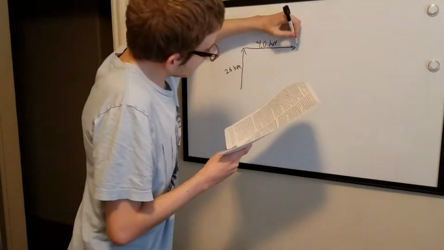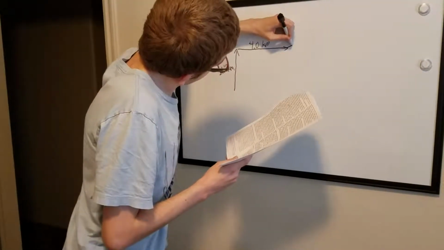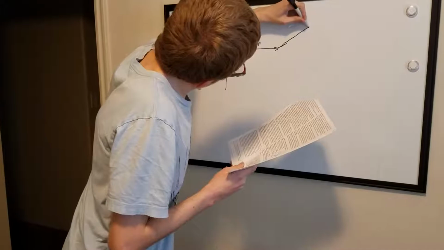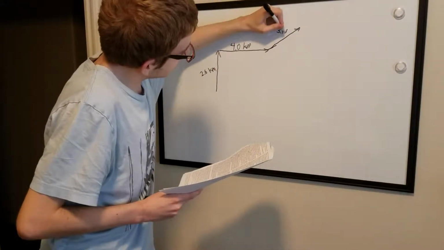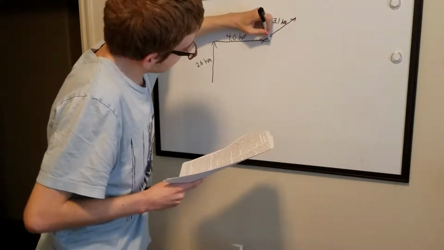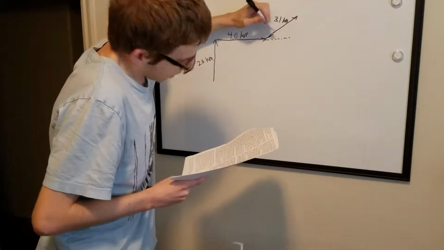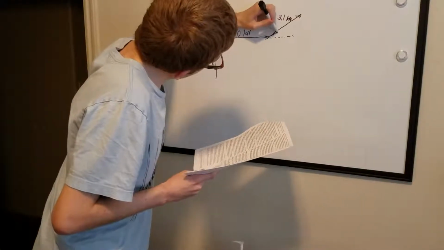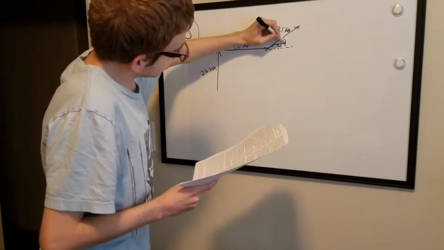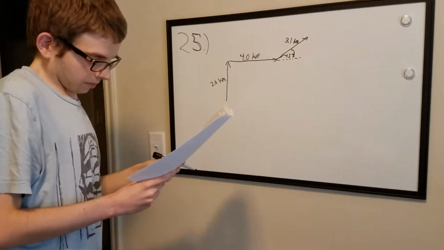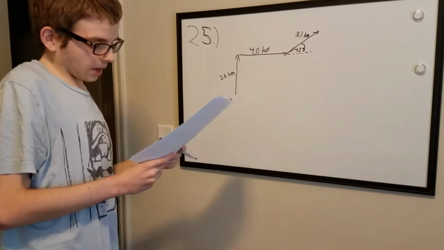And then after that, he goes 3.1 kilometers in this direction. The direction is 45 degrees north of east. Okay, so that's the beginning of our scale diagram.